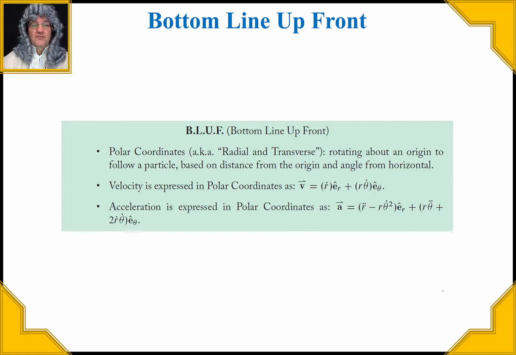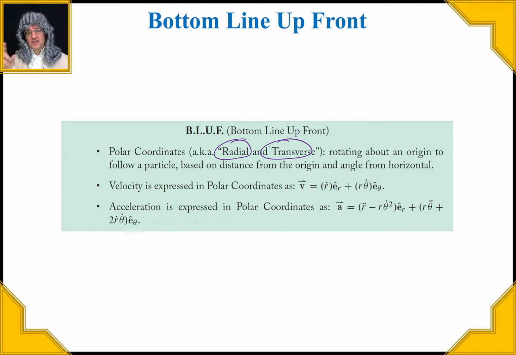So the bottom line up front for polar coordinates, which can also be called radial and transverse, we're rotating about an origin and we follow the particle. As opposed to the path coordinates where the coordinate system followed the particle, was along for the ride with the particle.